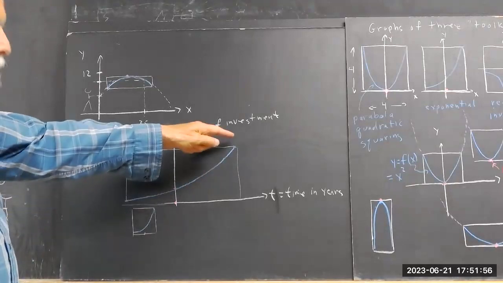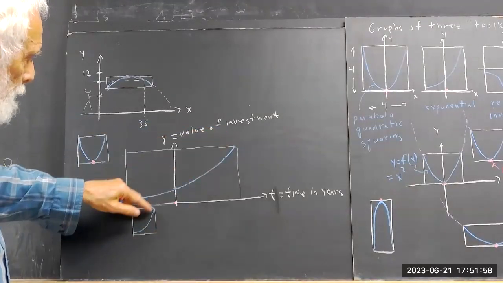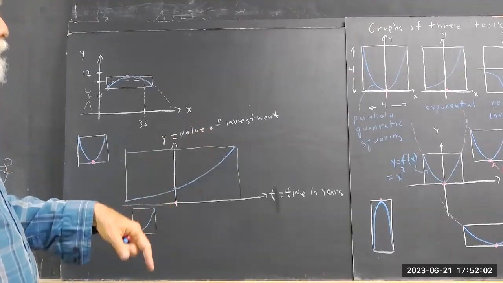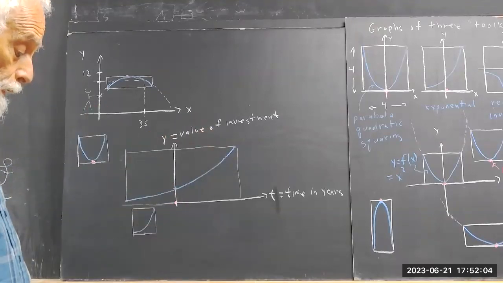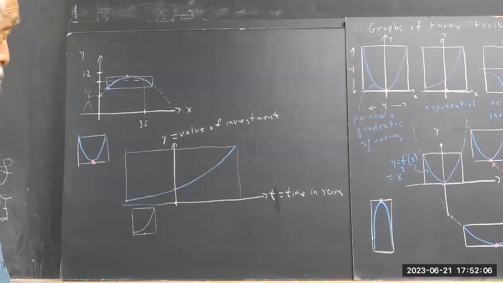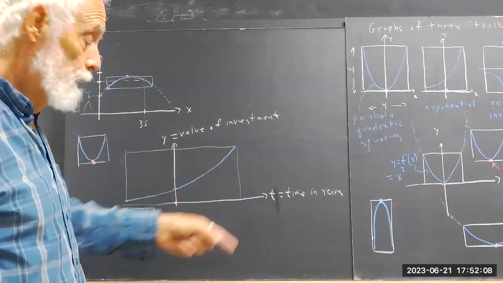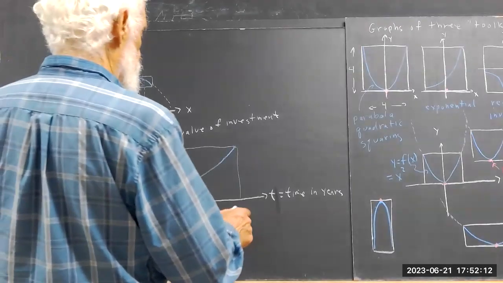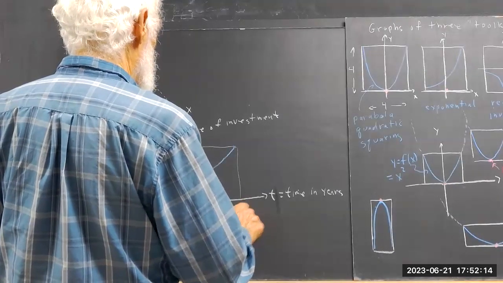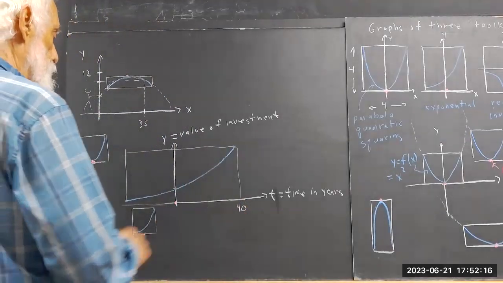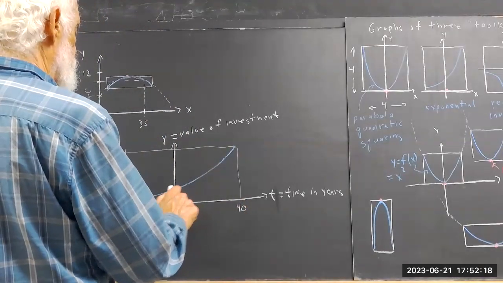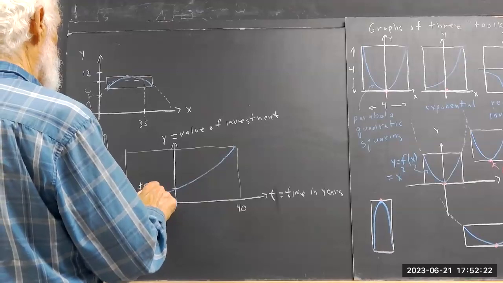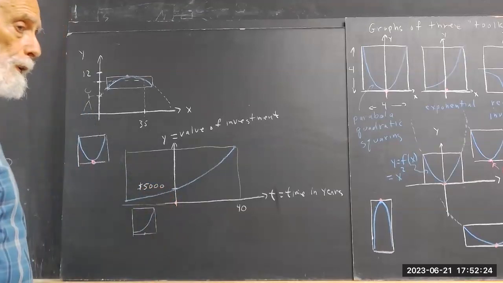If this graph has the shape of a properly constructed exponential graph, you're going to be able to predict the value of an investment at some time down the road. So let's just say that this is 40 years. Let's say that your initial investment was $5,000.